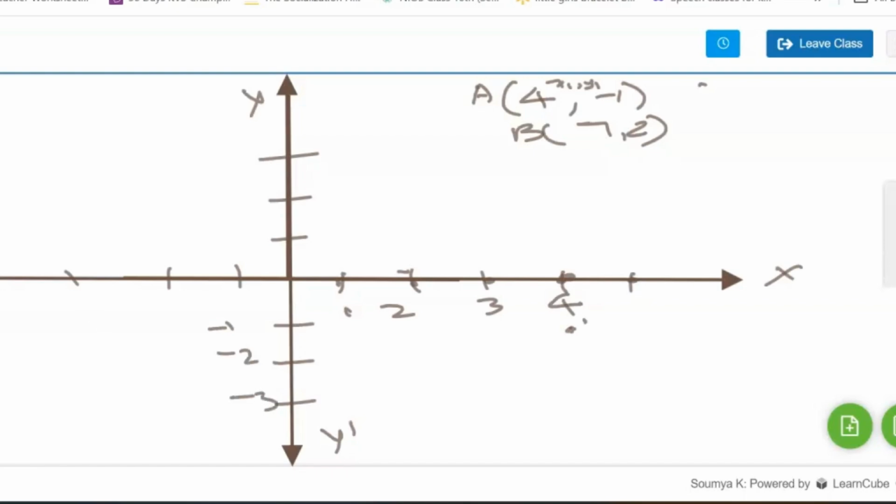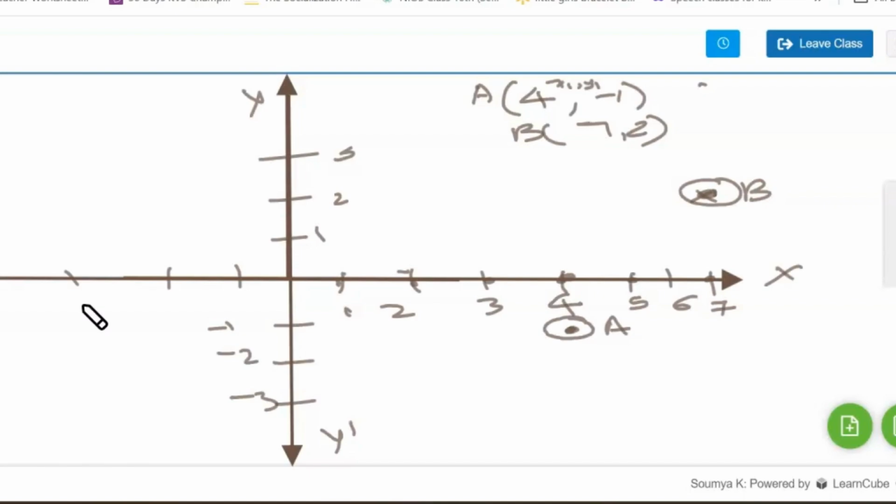We have to mark it, and this is the location of that particular point A. Now next one is 7, 2. That means you have to consider 5, 6 and 7. 7, 2 means 7 is here and 2 will be distance up. So this will be your point B.